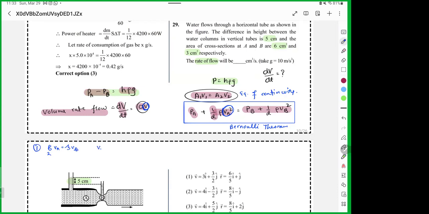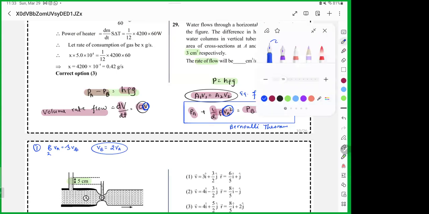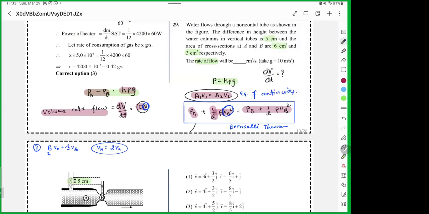So, we can say VB is equal to 2VA because we don't know velocity in this case, but for Bernoulli's theorem, we need velocity. By using this formula, we can bring B to one side, correct? And A will go to the opposite side. Half rho common is equal to VB square minus VA square.